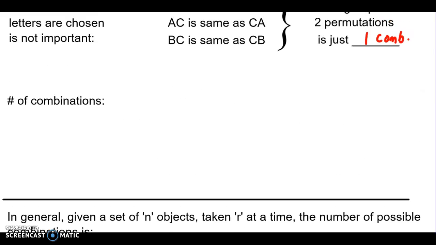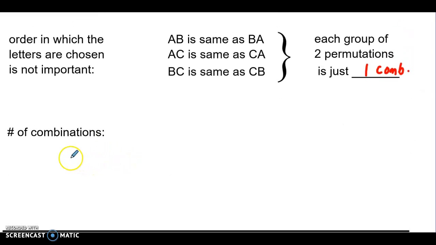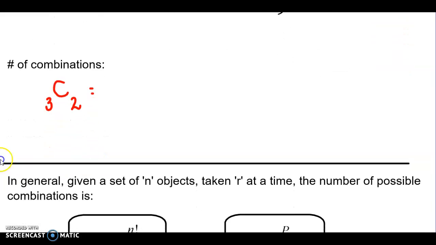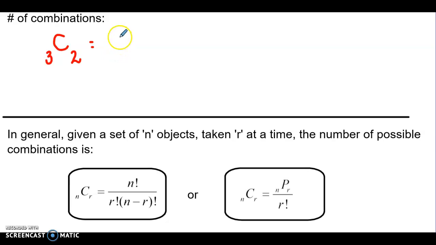So specifically looking at the example above, if we have a combination, we have 3 letters, and we are choosing 2 letters at a time. If we use that formula, we have n, where n is 3 factorial, divided by r, which is 2 factorial, times n minus r.